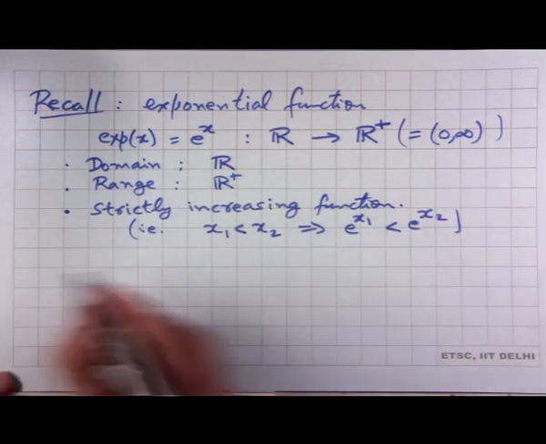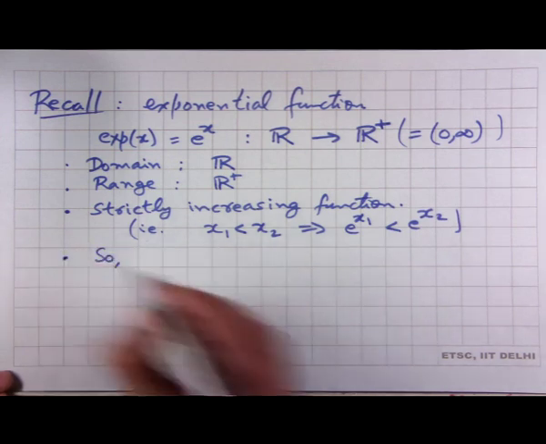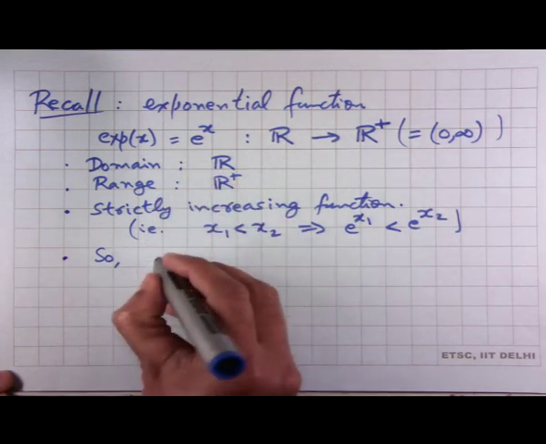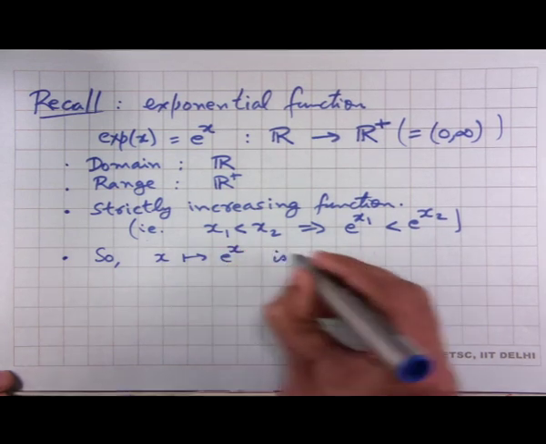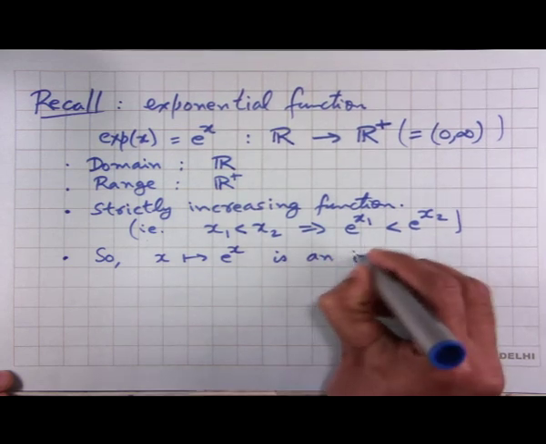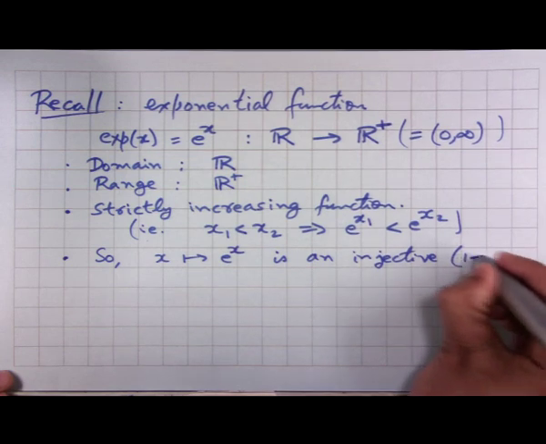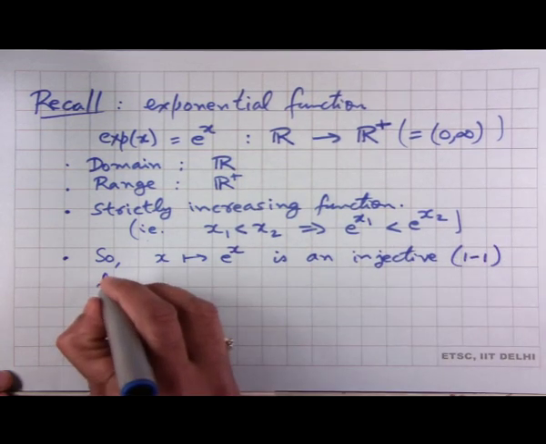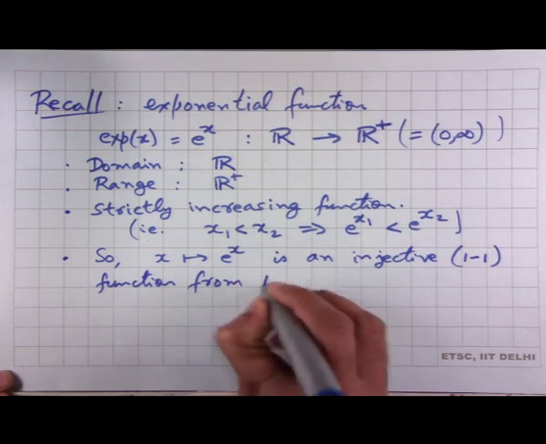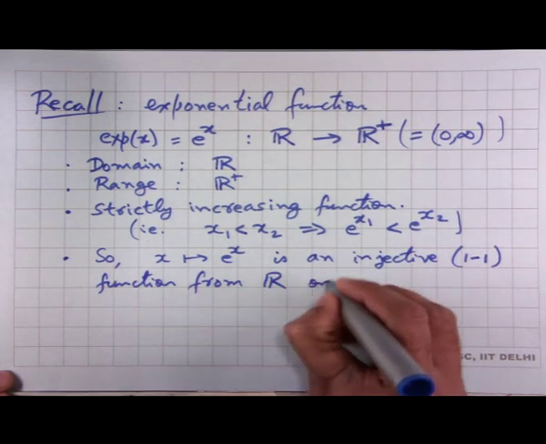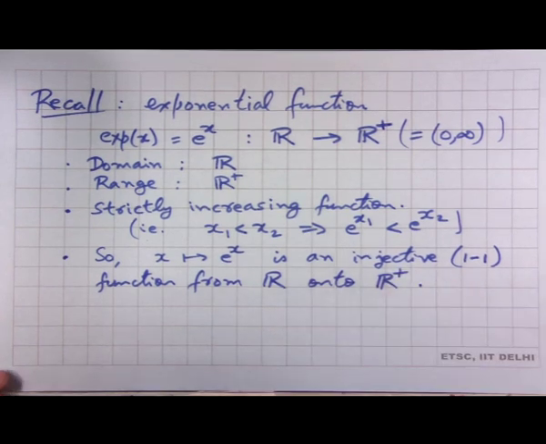From this it follows that the function x going to e to the x is an injective, also called one to one, function from the set of real numbers onto the set of positive real numbers R plus.